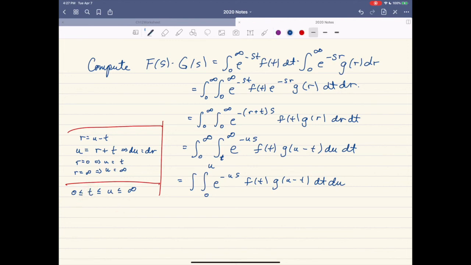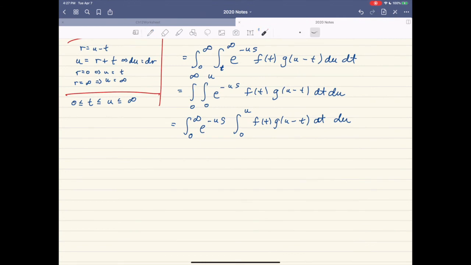So again, just a little Calc 3, change of the bounds of our integral. And now we're almost done, because this is the integral from 0 to infinity. This e to the negative us, I'm going to just bring out. And then this is the integral from 0 to u, f of t, g of u minus t, dt du.